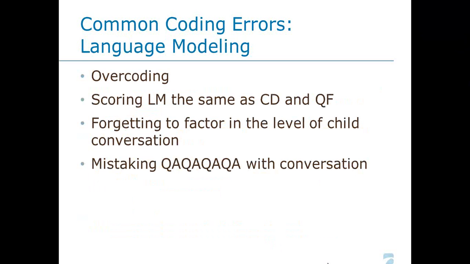So language modeling, our first common coding error is overcoding, especially, as we've said before, when a teacher does well in earlier dimensions. That said, there are some people who score concept development and quality of feedback low, and they'll automatically assume that language modeling is low as well.